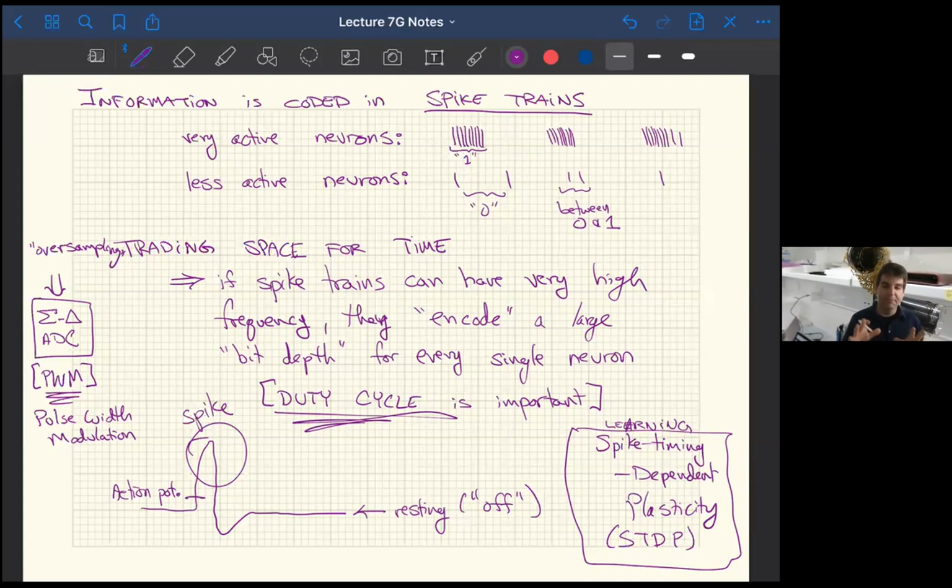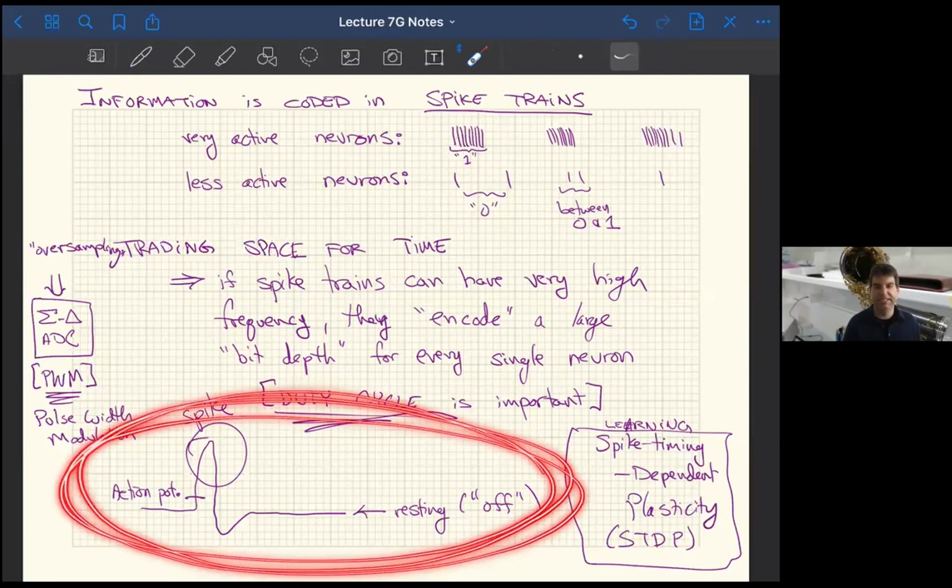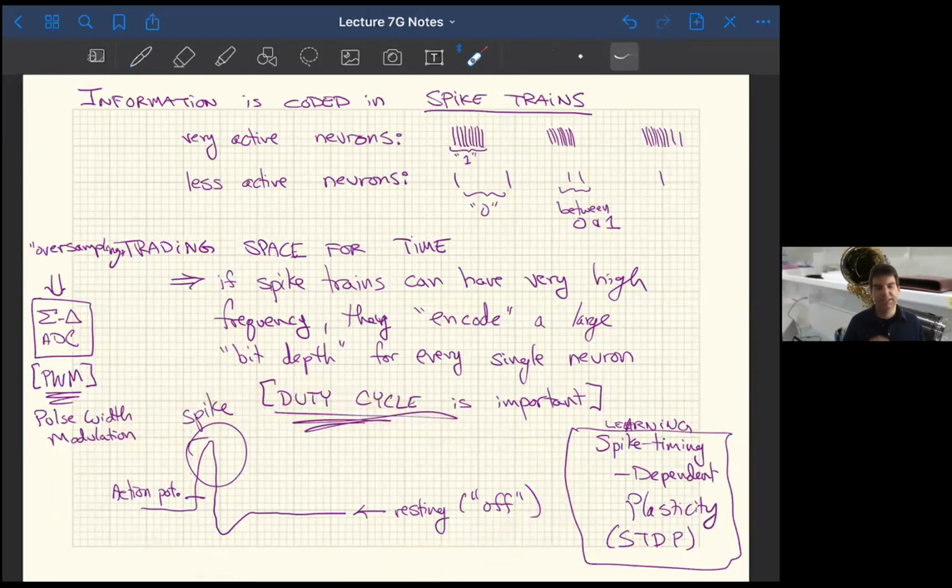So basically, right now, you can take a differential equation representation of these dynamics that generate these spikes. And there was a question: how does gradient descent fit into spike trains? Up until about last year, there wasn't a good way for people to fit gradient descent into spike trains.